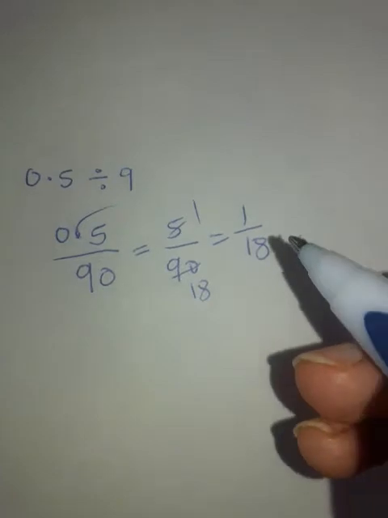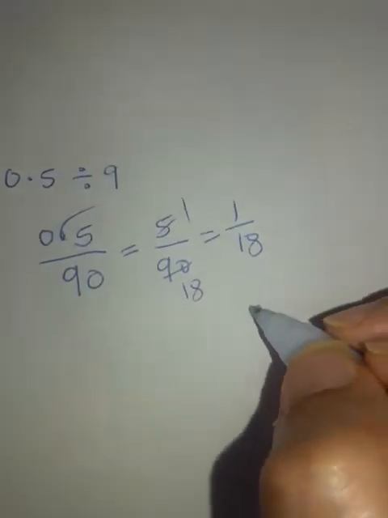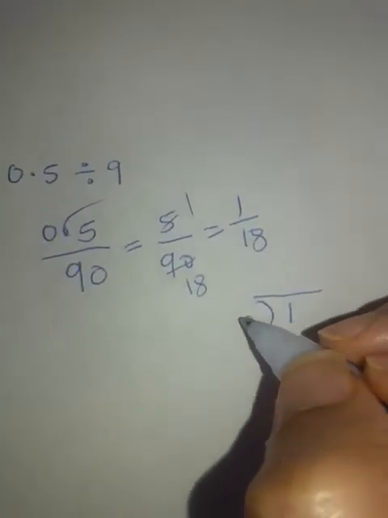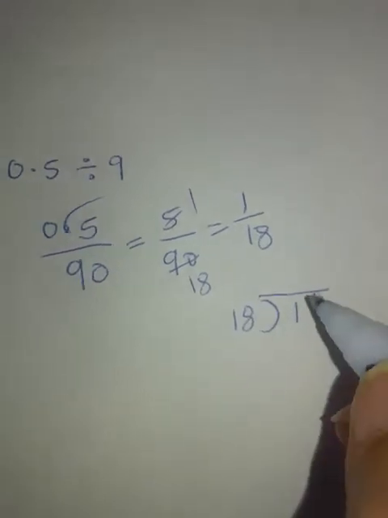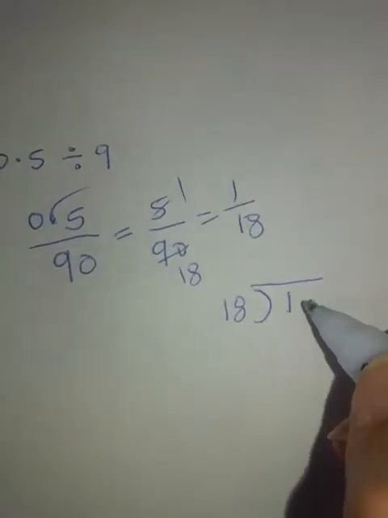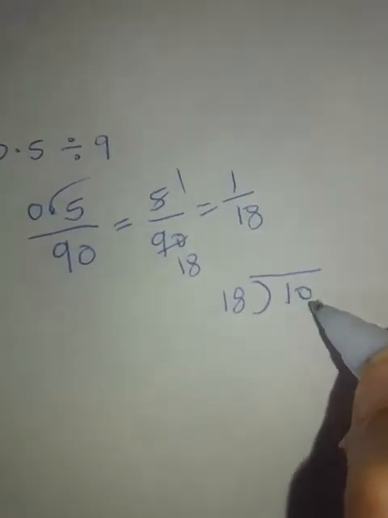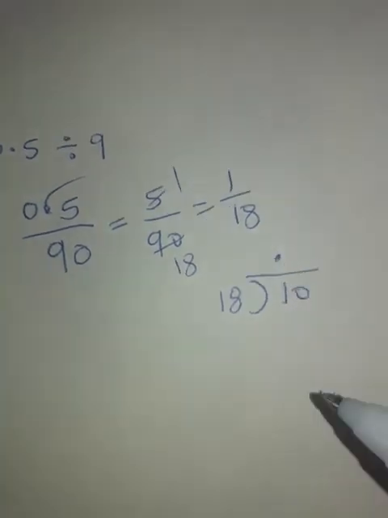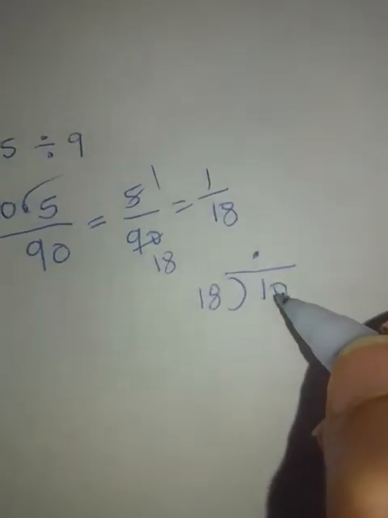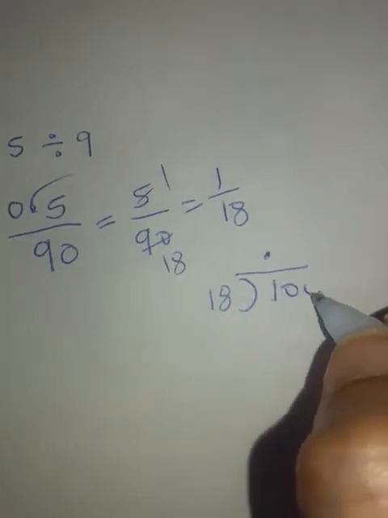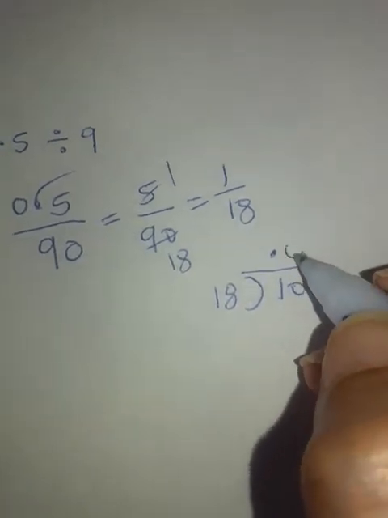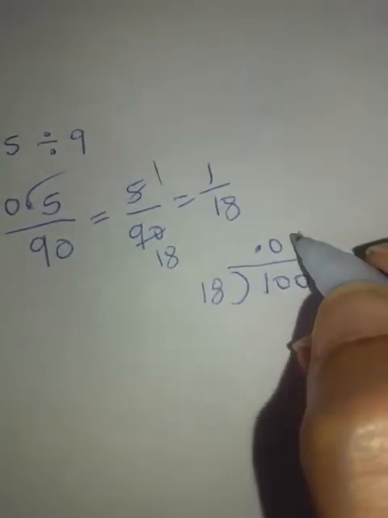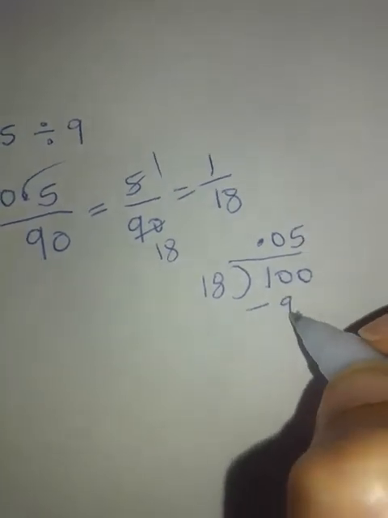How to convert it? Do you remember our video? 1 goes here and 18 here. 1 cannot be divided by 18, so I give a 0 here. When I give a 0, put a decimal point. 10 not divided, so I need another 0. So I need here also another 0. Now 18 fives are 90.